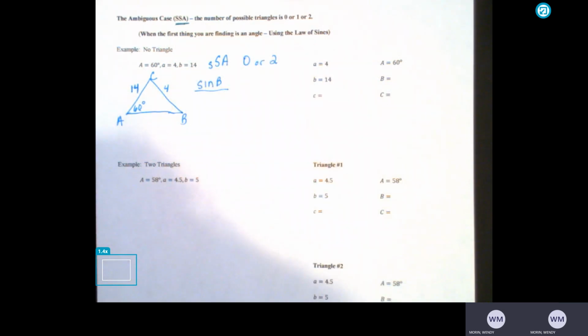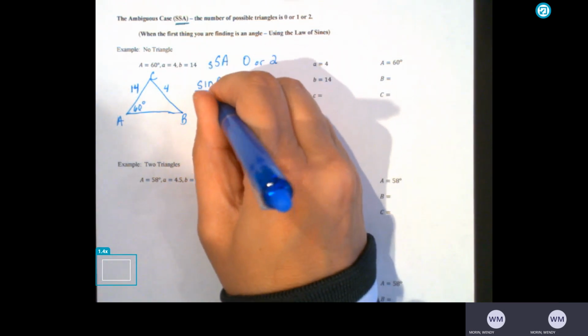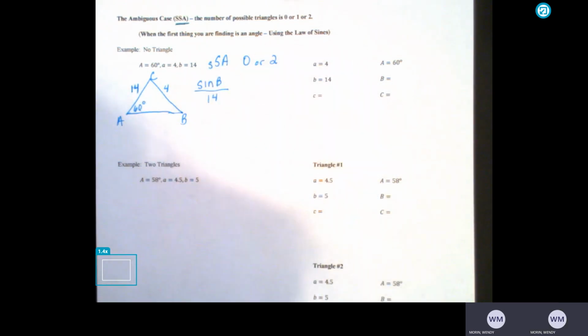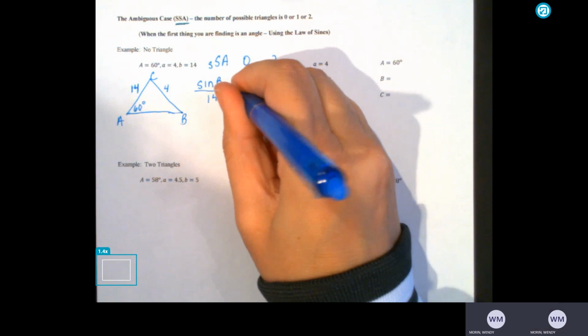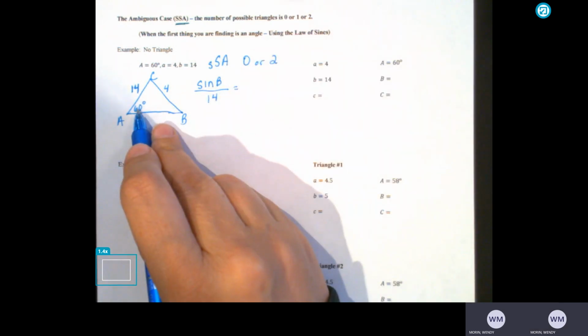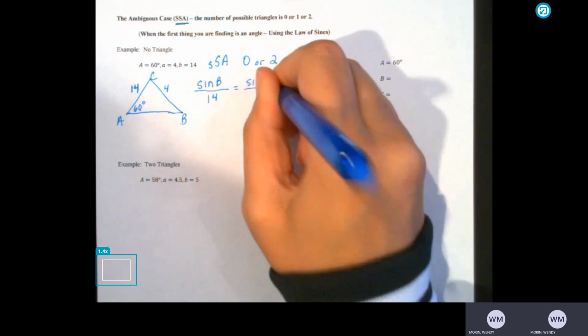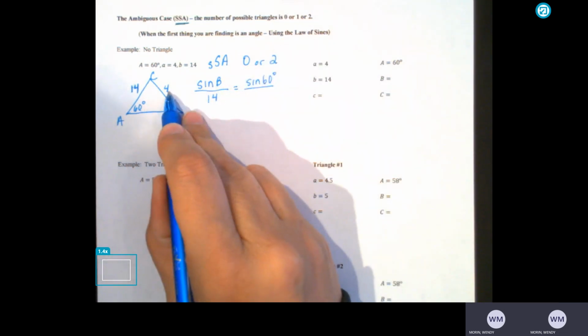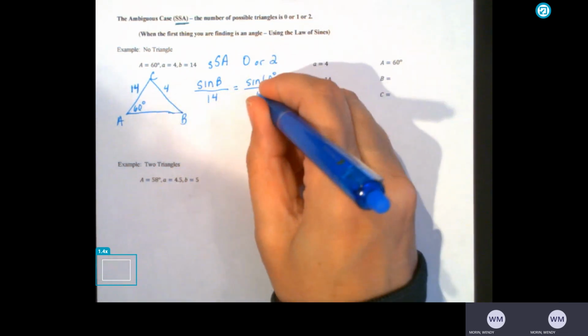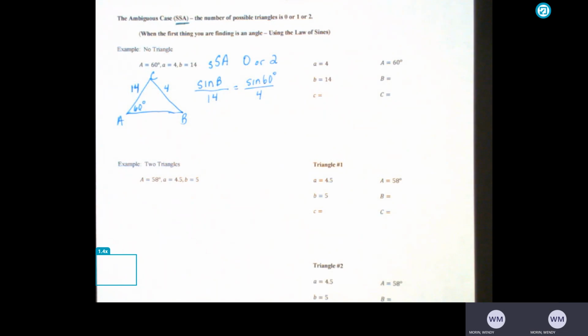But I can't just say angle B, it's the sine of angle B is to side B as what other angle do we know? 60. So the sine of 60 is to the side directly across from 60. So that's how I would set up that proportion.